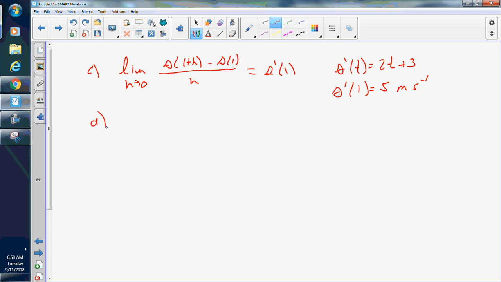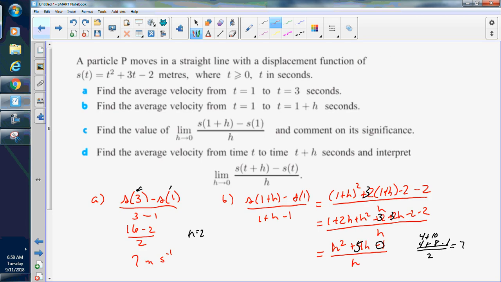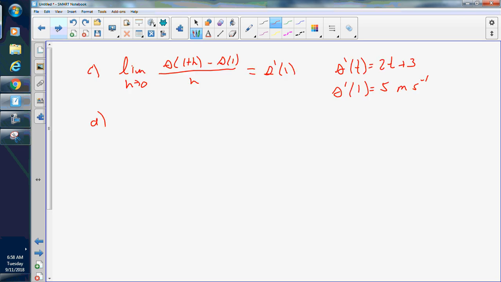And in letter D, they wanted it as t plus h. So s of t plus h minus s of t, our old first principles here, as h approaches 0.